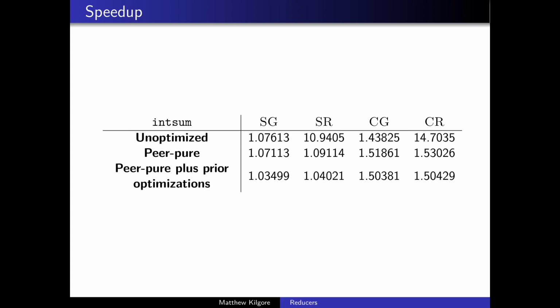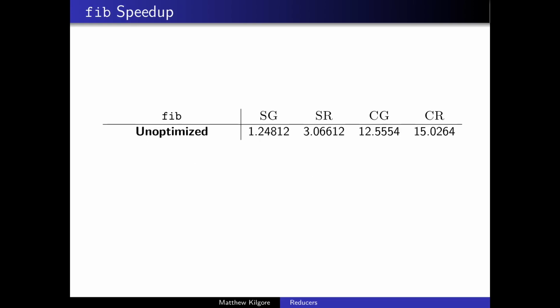Now, I can imagine what you're thinking. If pure dominates so much, then what was the point of the other optimizations? And the answer to that is pure is not a magic bullet. Let's move on from IntSum to the other benchmark we talked about, Fib.